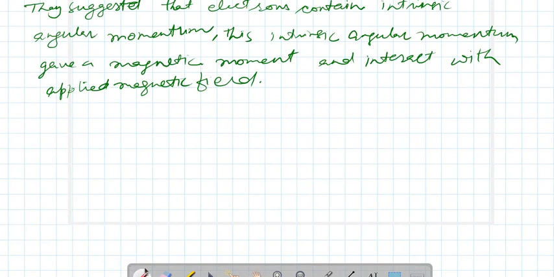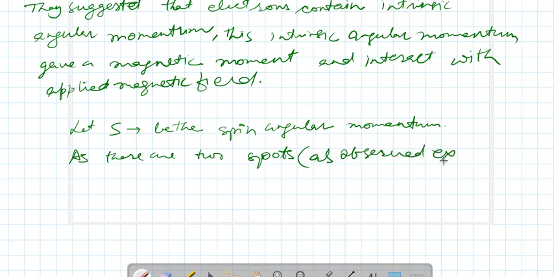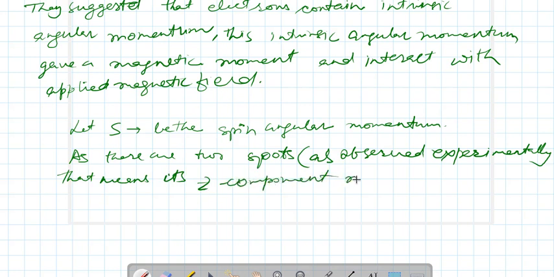And let S be the spin angular momentum. As there are two spots as observed experimentally, that means its Z component must have two values.